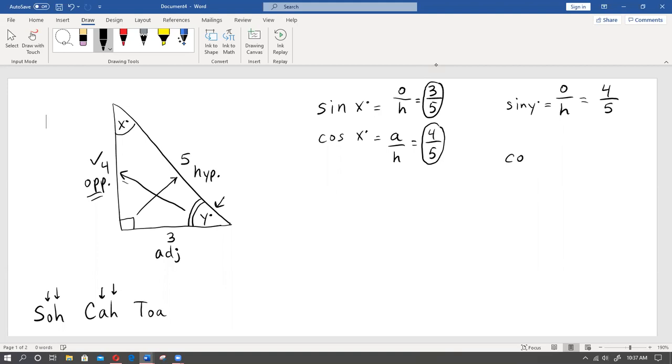All right. And for the cosine of Y, that is adjacent over hypotenuse. So the adjacent we said is 3, and the hypotenuse is still 5. So we have 4/5 and 3/5.